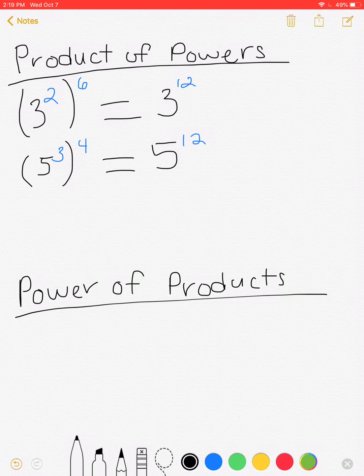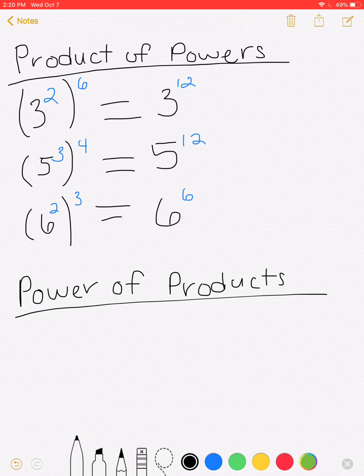Let's do one where the exponent will not be 12. Let's do 6 squared, and then to the 3rd power. That equals base number 6, and then 2 times 3 is 6. So 6 to the 6th power, and you can double check that on your calculator for accuracy.